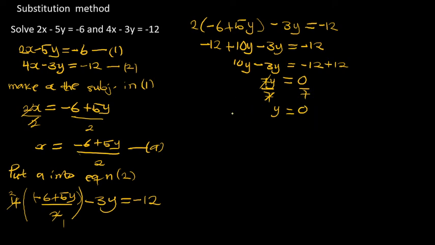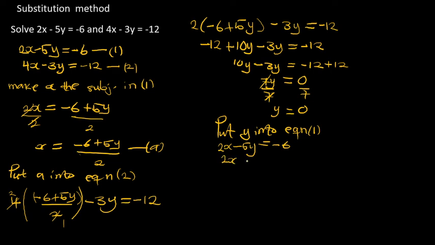Now let's find x. We can put y into any of these equations to find x. So let's put y into, what do you think? Let's put y into equation 1. So this is our equation 1: 2x minus 5y equals minus 6.